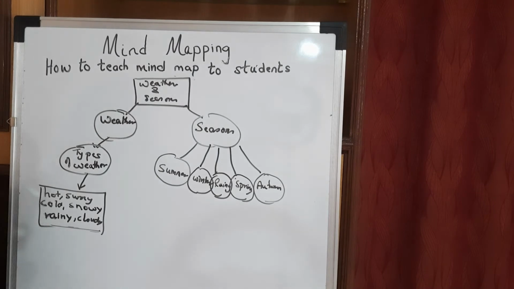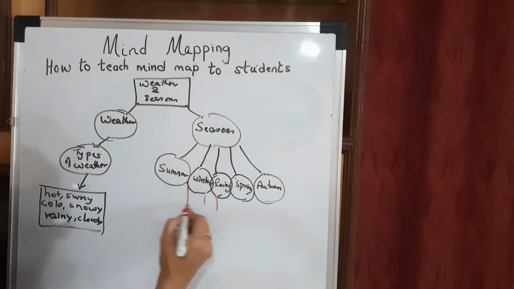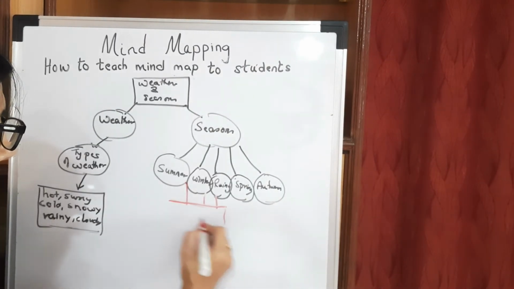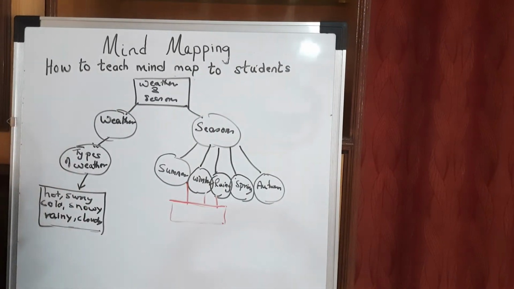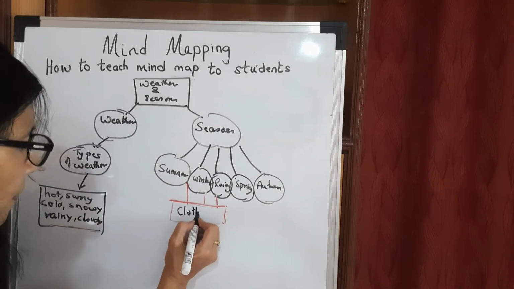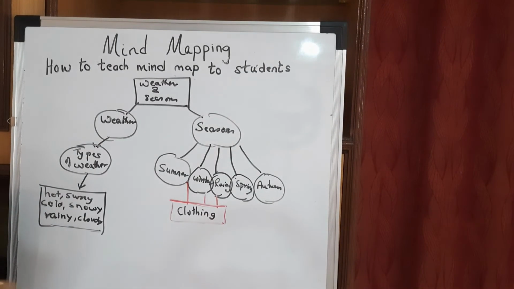Then in winter, what do they have to learn? Clothing. Suppose now you are asking them to learn these three. You can ask them to make this, and they can put here clothing. Also ask them to use different colors when they are making their concept maps.